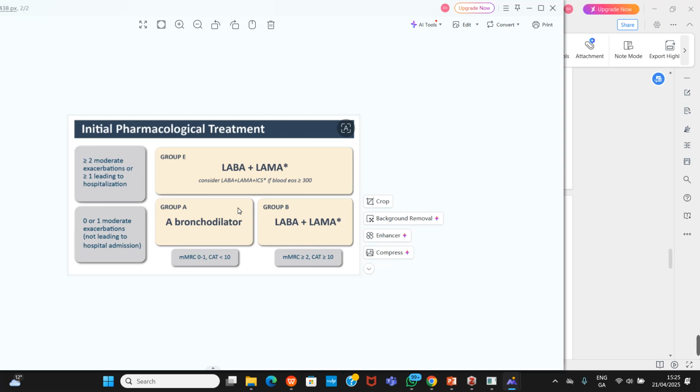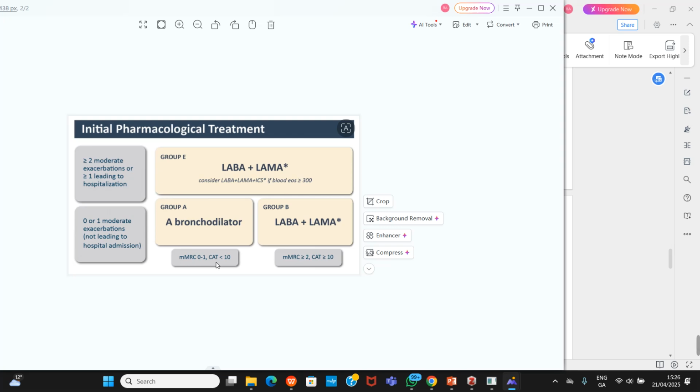Now, if you take history and the person has had one hospitalization before, automatically the person falls under group E. Or if the person has not been hospitalized, but has had 2 or more exacerbations before, place them under group E. Now, if somebody has had only one exacerbation, or has not been hospitalized before, the person is not going to fall under group E. It's going to be between group A and B. What differentiates them is the CAT score, but we don't need that.